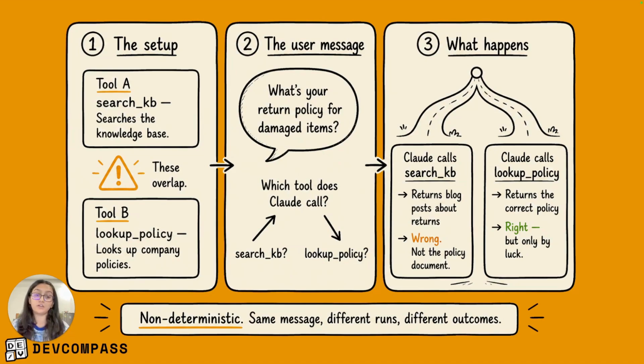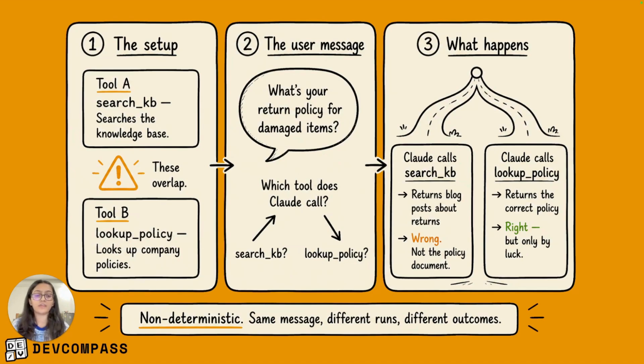Sometimes Claude calls search KB and gets blog posts about returns. Wrong tool, wrong result. Sometimes it calls lookup policy and gets the correct policy document. Right tool, right result. Same user message, different outcome depending on the run. That's what non-deterministic means in this context.